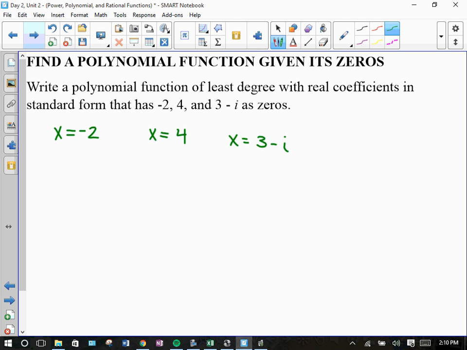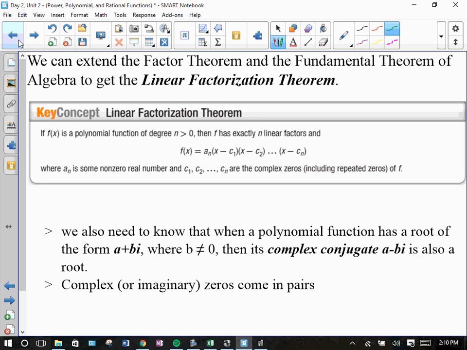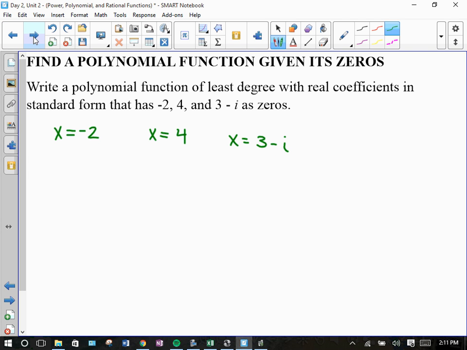If you have an imaginary zero a plus bi, then its conjugate, a minus bi, is also a zero. If a minus bi is a zero, a plus bi is a zero. So if x equals 3 minus i is a zero, then x equals 3 plus i also has to be a zero.